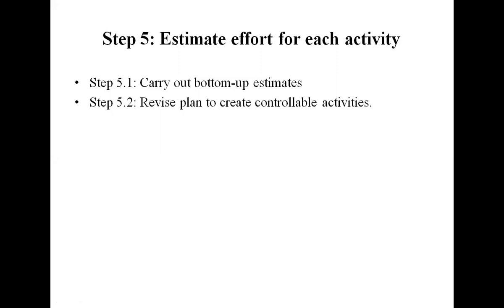Then bundle up very short activities. After completing smaller ones, we have to bundle up very short activities and create a checklist for those short activities. So splitting one completed, splitting two completed. We have to create a checklist for those short activities.